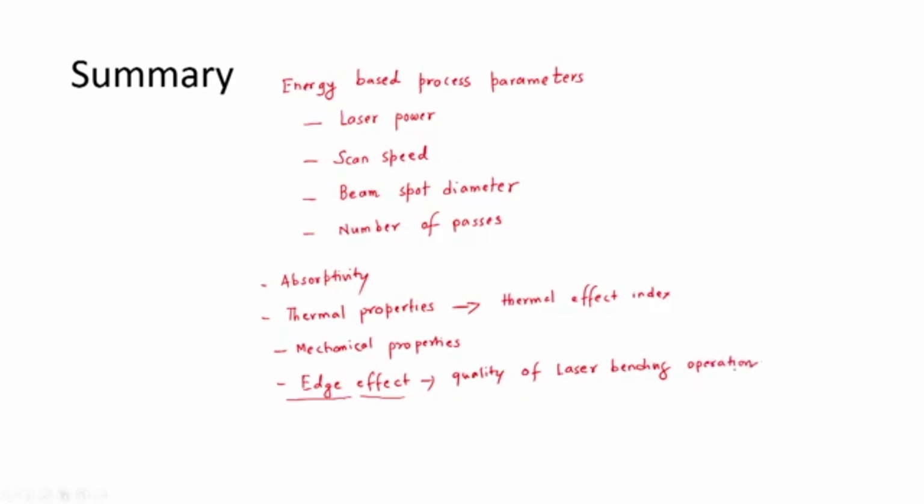So, basically the quality of laser bending operation is dependent upon two things: the uniform bend angle along the scan path and the magnitude of bend angle during the scanning operation. These two parameters are to be considered the vital parameters when we talk about the quality of laser bending.